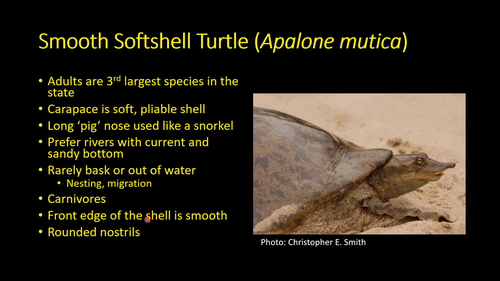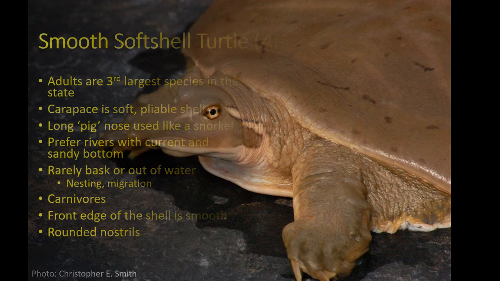First, the front edge of the carapace is smooth, so right here we can see how nice and rounded that carapace is, the front edge. The second thing we look at is the nostrils, whereas the smooth softshell has round nostrils without a ridge, so you see how sort of flat that nose is. The spiny softshell has a D-shaped nostril with a ridge, and we'll see that in just a second.